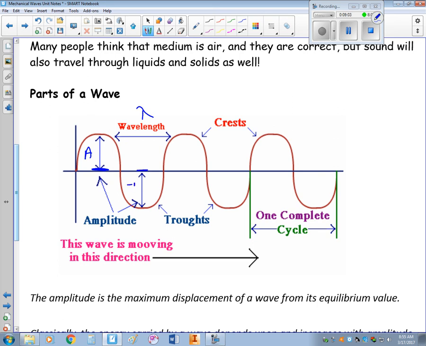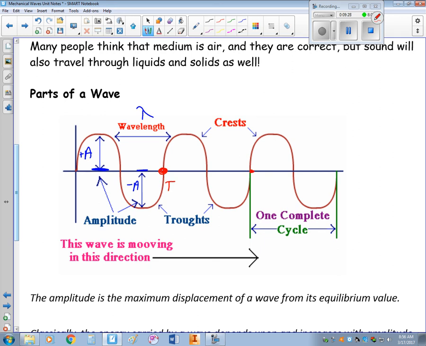So I can think about having positive and negative amplitudes. And we have crests and troughs. Now, the time it takes to make one complete oscillation, so from the start point to right here, this would be one complete oscillation. The time it takes is what we call the period.